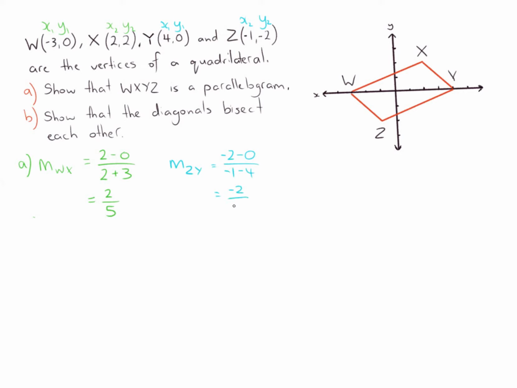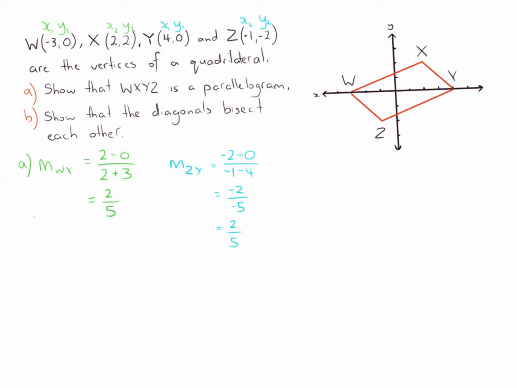Simplifying, we get -2 over -5, and the negatives cancel, so we get 2 over 5. So that's looking good. WX and ZY have the exact same gradient, so they're parallel.